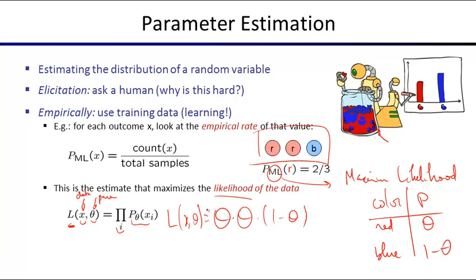What we can do now is say, well, if you want to know what the best choice of theta is, let's just find the theta that maximizes this score. We find the theta, called theta ML for maximum likelihood, which is the argmax over all theta of theta squared times 1 minus theta.